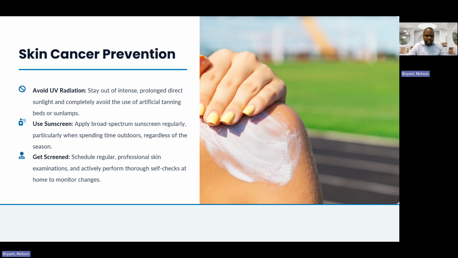And for some professions, for example, landscapers, those patients may have been exposed to the sun for a long time, but it's never too late to teach them about the daily use of broad spectrum sunscreen, and also regular professional skin screenings to detect any suspicious lesions as early as possible. It's never too late for any patient to teach them about health prevention and promotion.